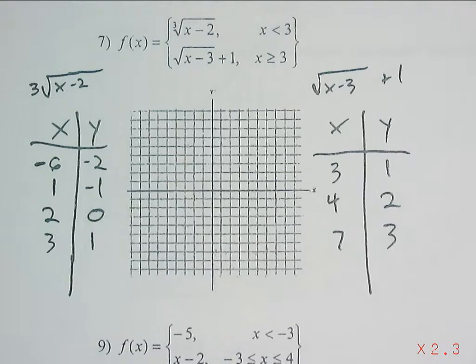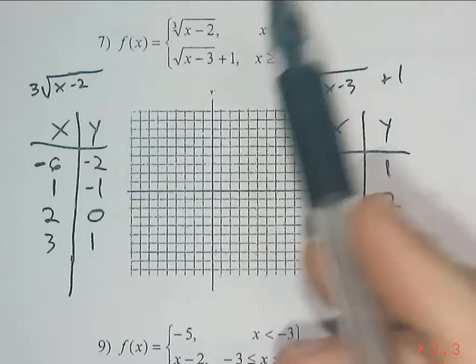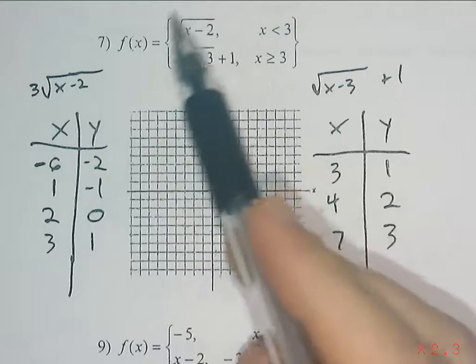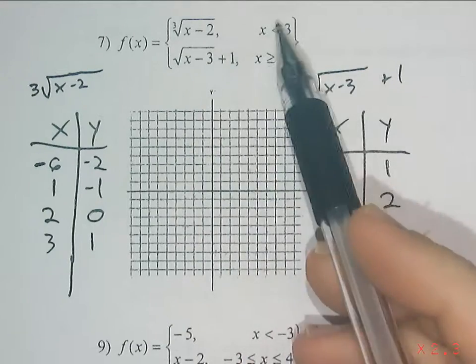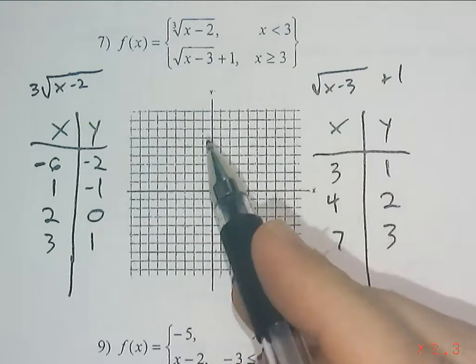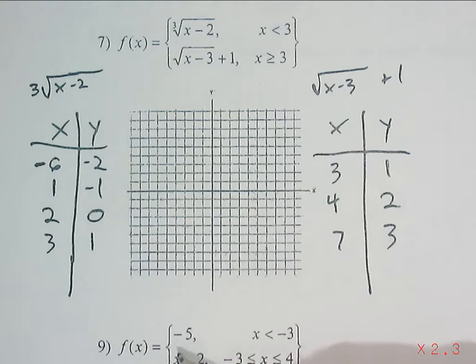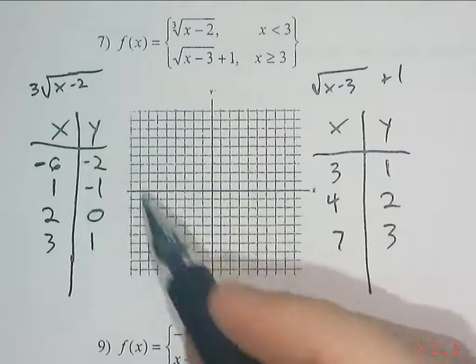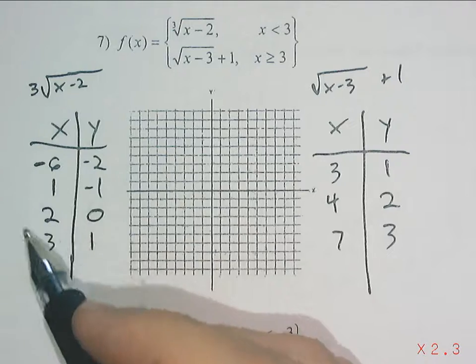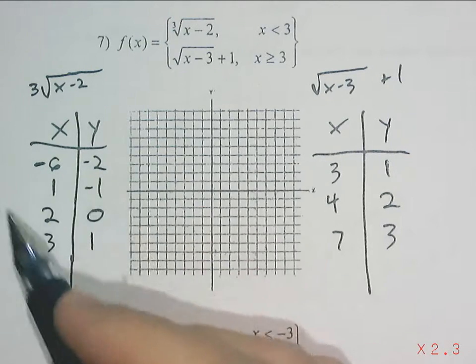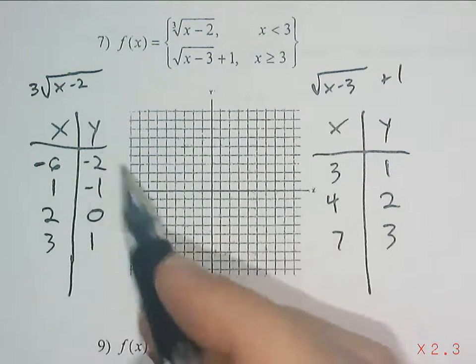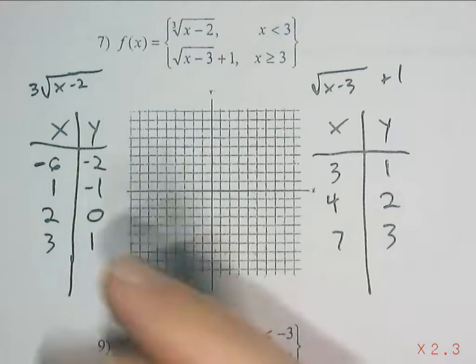But let's pay attention to our domain. Right here, this first function is all those values that are less than 3. So I can only use these first 3 x values. Okay, just these first 3.